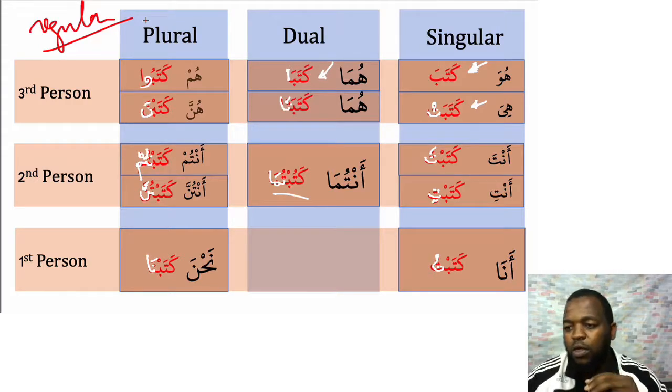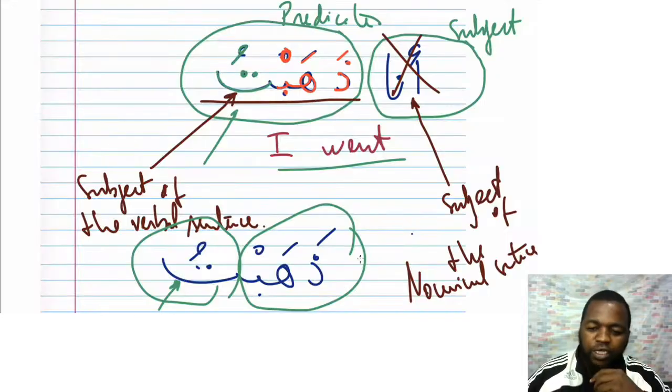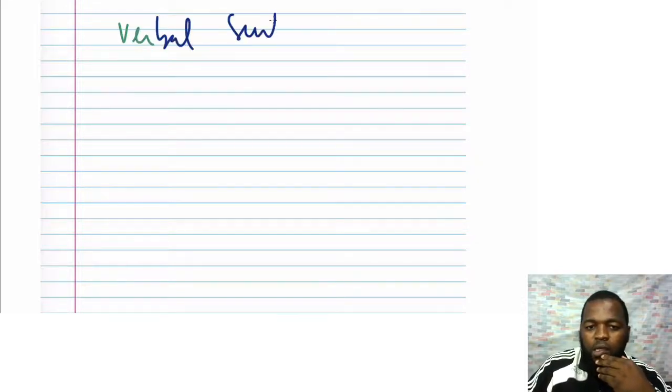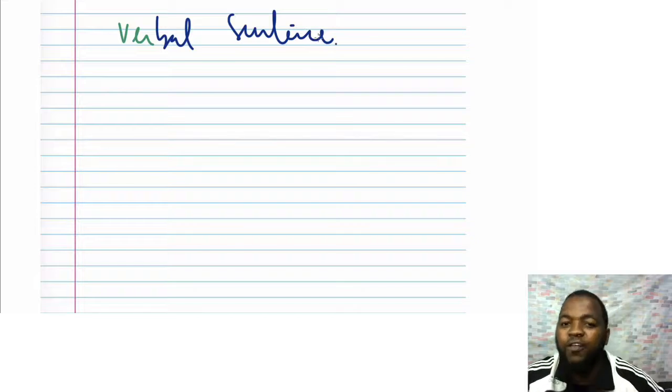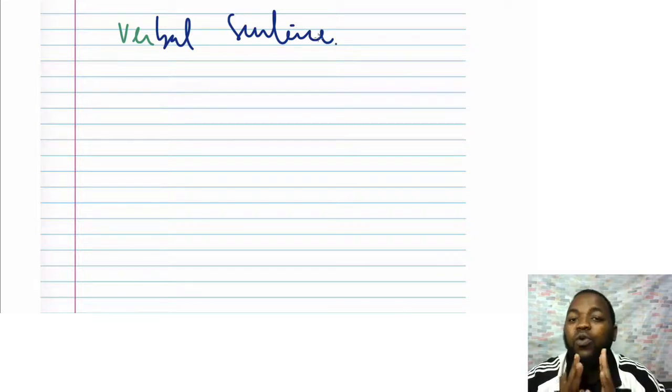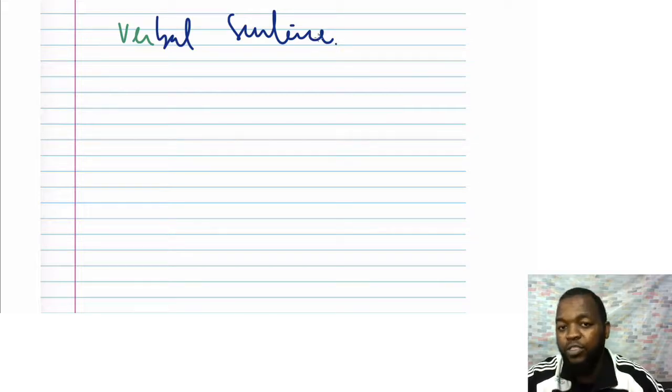To remember, when we are in front of a verbal sentence, we need to be able to identify where is the verb and where is the subject of the verb, or the doer of the action referred to in the verb.